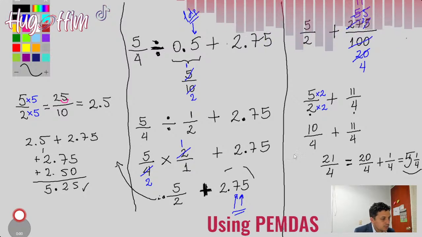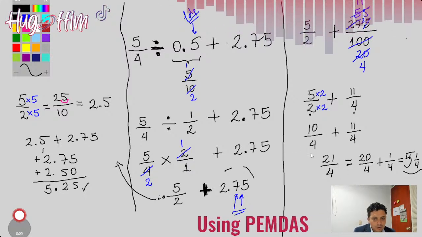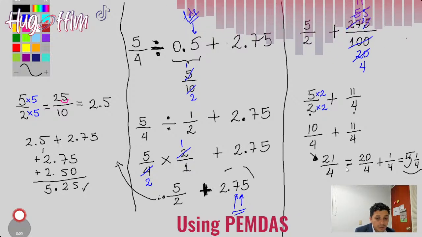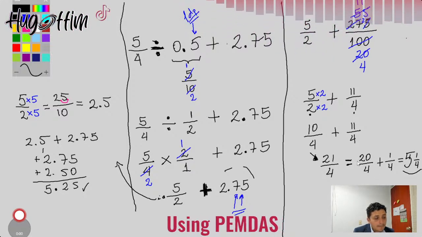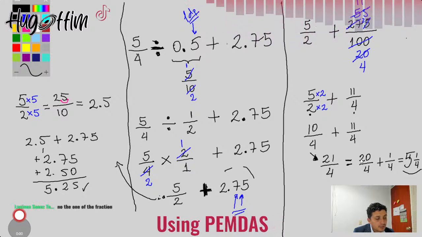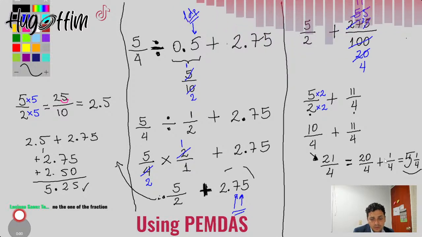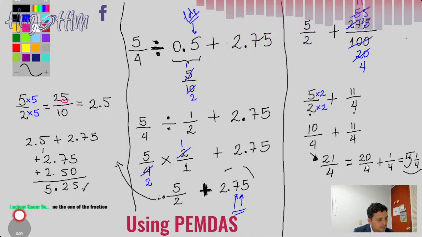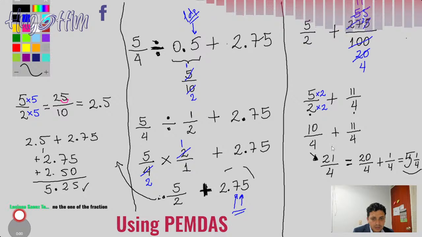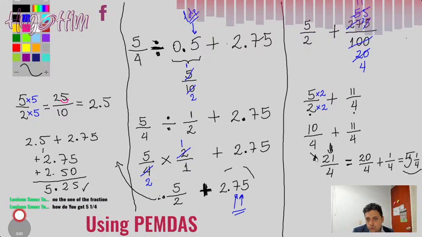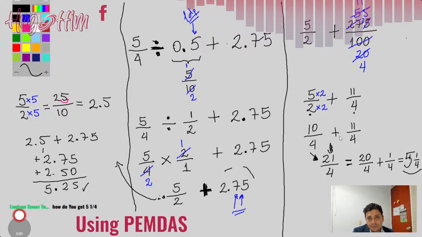How did I convert into a mixed number? The 21/4 over to a mixed number. The way I converted in this case was just by writing the one of the fraction. Yes, 21/4 to mixed number, right? This is what you mean. This number as a mixed number. Yes. I got 21/4.